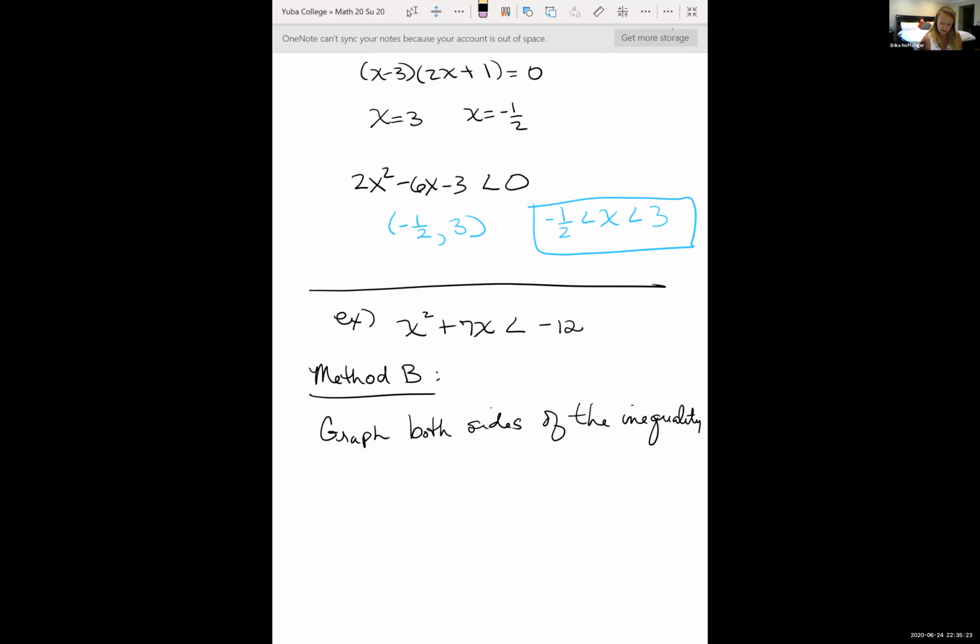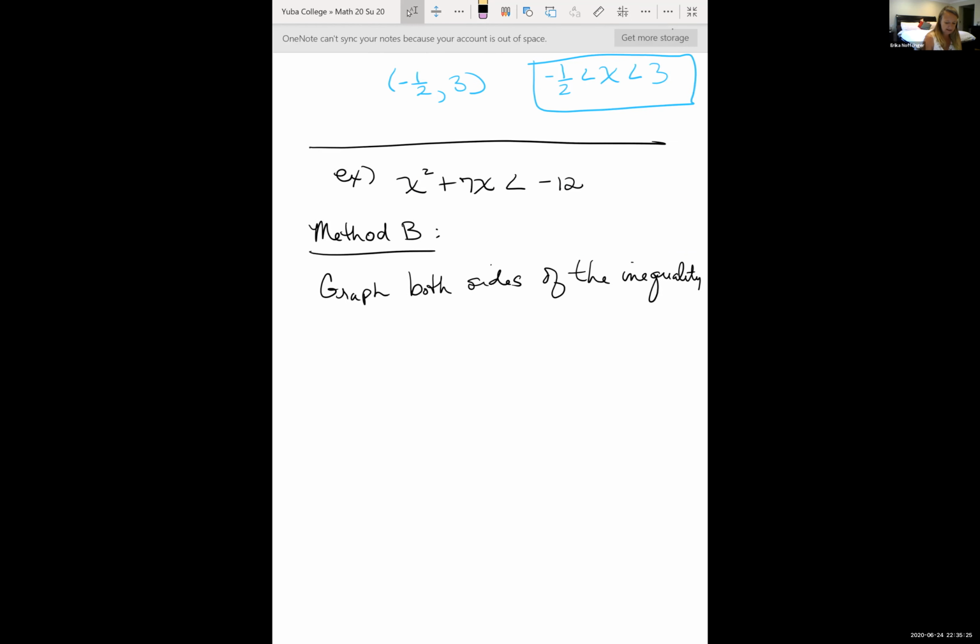In our case, we want to look at two separate graphs, but on the same axis. We want to look at when is f of x equal to x squared plus 7x. And let's graph the other side, g of x, equals -12.